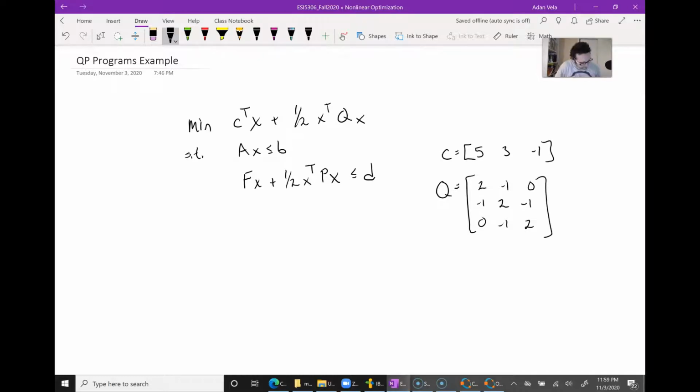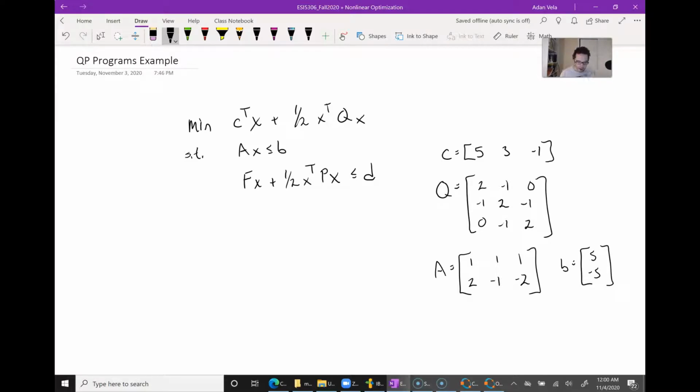For Ax less than or equal to b, why don't we set A to be a matrix 1, 1, 1, and then 2, -1, -2, and b will be 5 and -5.